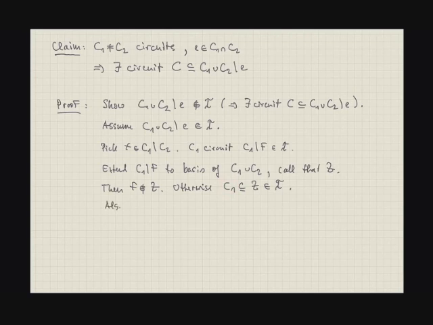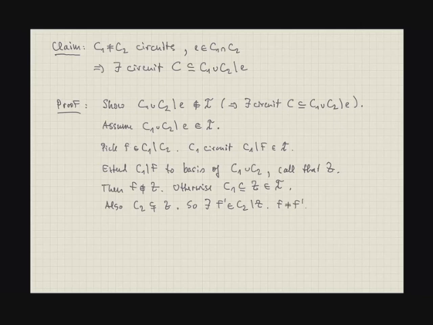Also, it is clear that C2 cannot be completely contained in Z because of the same reason. Z is an independent set, it's a basis, C2 is a circuit, it's dependent. So since C2 is not contained in Z, there exists an element F prime which is contained in C2 but not in Z, and this element F prime is not the same as element F. Why is that?